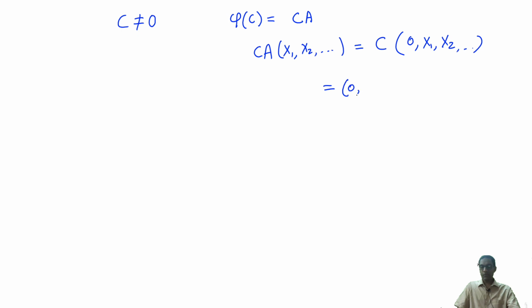It keeps the first component as it is and makes all the other components 0. So in other words, this composition CA maps everybody to 0. So what does that mean? Phi of C is 0, whereas C itself is a non-zero element of the module. In other words, C belongs to the kernel of this homomorphism phi. Therefore, phi is not one to one.